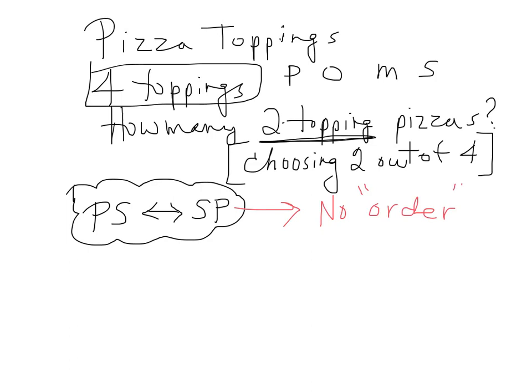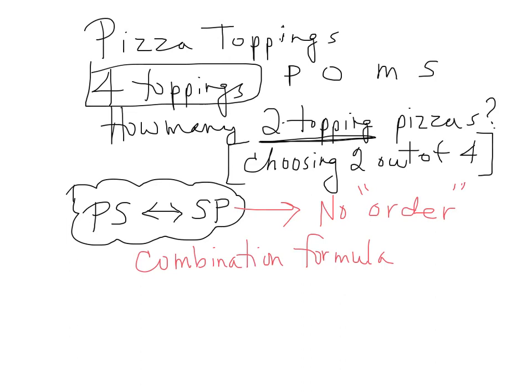And so if we were going to use a formula, we would use the combination formula. You can solve this without the formula, because we've done it multiple times; we could just draw out all the possibilities.